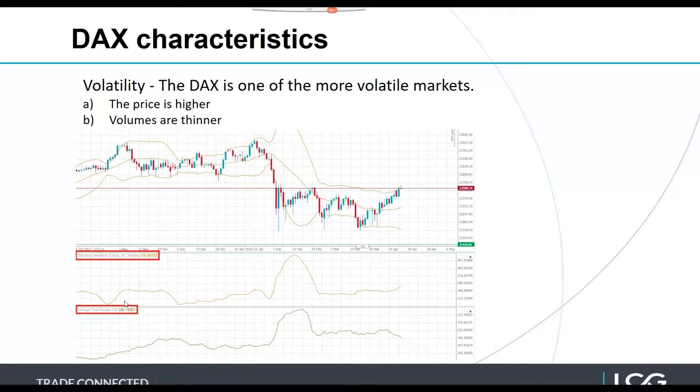Volatility is a bit elevated, but generally over the past 14 days, the average price movement you can expect in one day on the DAX is about 190 points. So if you're trying to keep your stop loss outside of the daily range, you're looking at stops of 120 to 200 points.